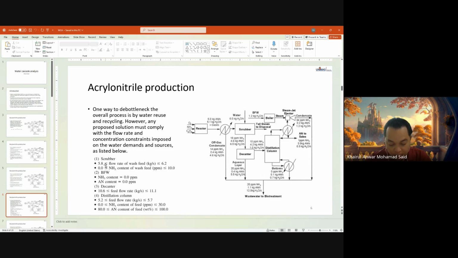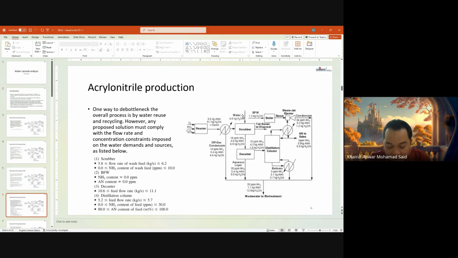So its absolute limit is 10 ppm. Why do we need to set it to 10 ppm? Because we want to recycle the water here. So instead of using pure water, we redirect this stream to the water wash feed.